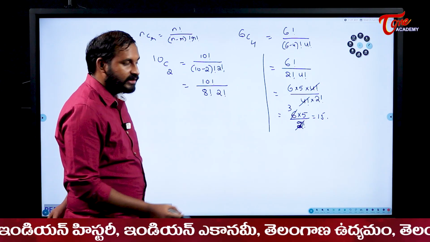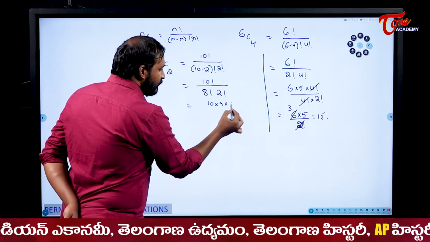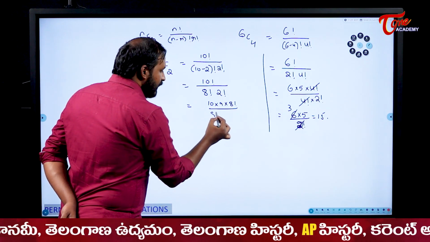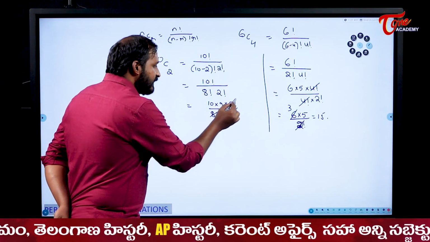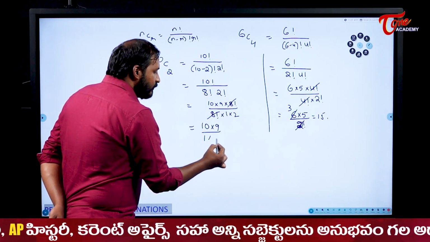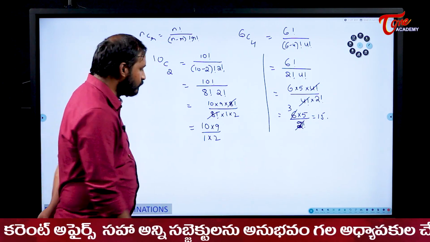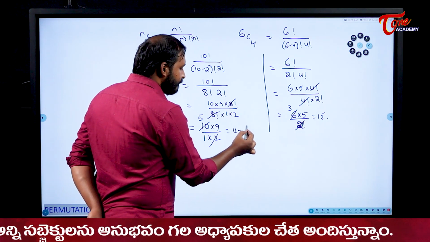That is 10 into 9 into 8 factorial by 8 factorial into 1 into 2. Here 8 factorial will get cancelled and we are left with 10 into 9 by 1 into 2. So 2 ones are 2, 2 fives are 10, it becomes 45.